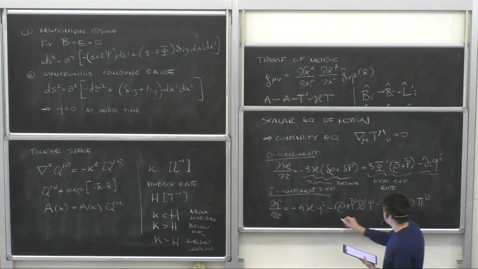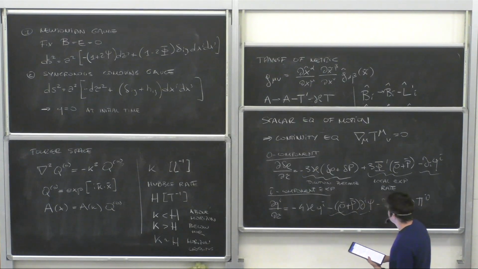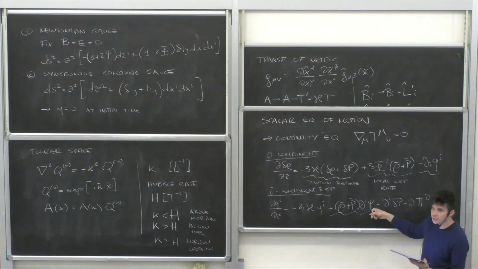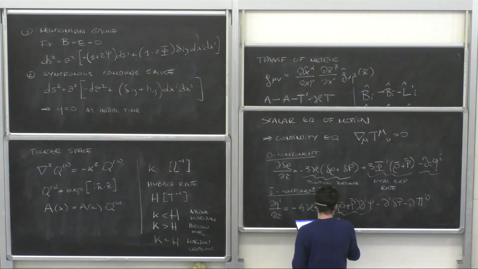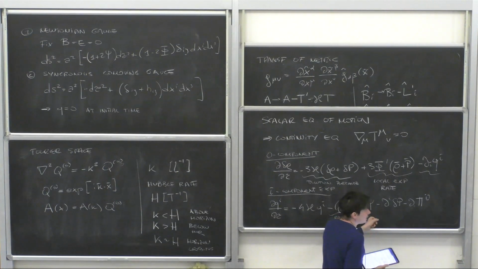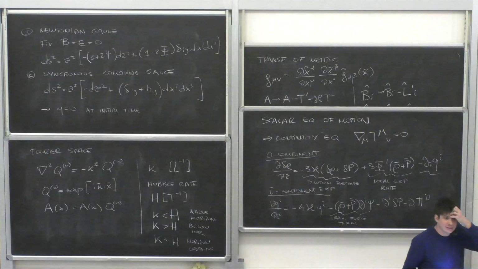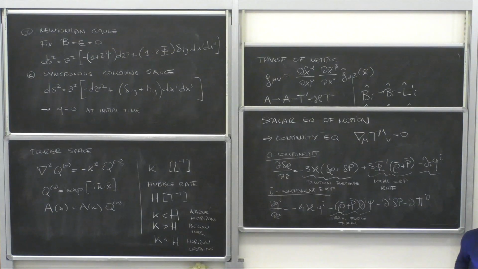Then this term here, what is this? Gradients of the gravitational potential. This is just the gravitational force term. This is typical in gravitational fluid dynamics. Clearly velocity is sourced by gradients of the gravitational potential.